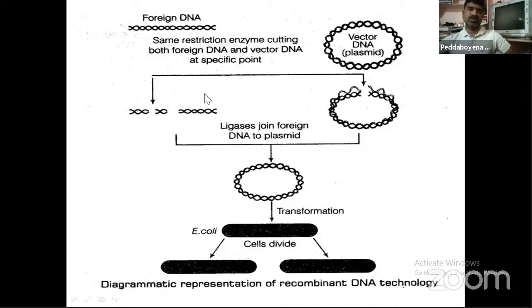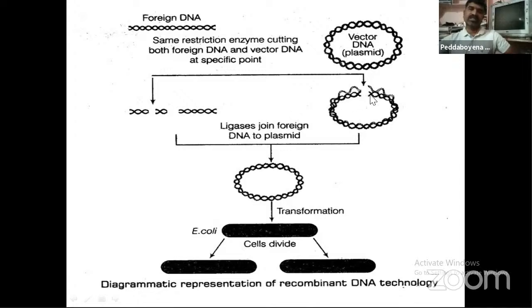These foreign DNA fragments can be added in the place where the restriction enzymes cut and left a gap. The piece cut from the foreign DNA by the restriction enzymes can be inserted in the gap of the plasmid.